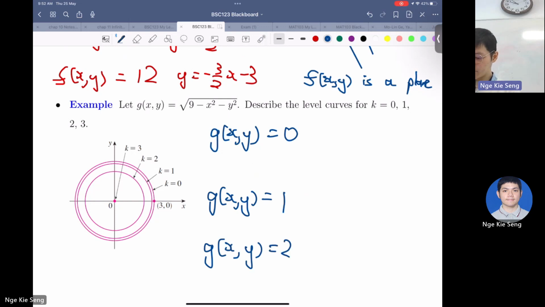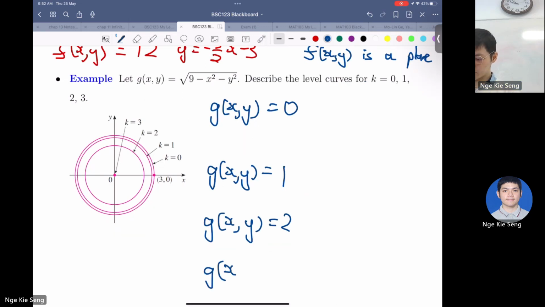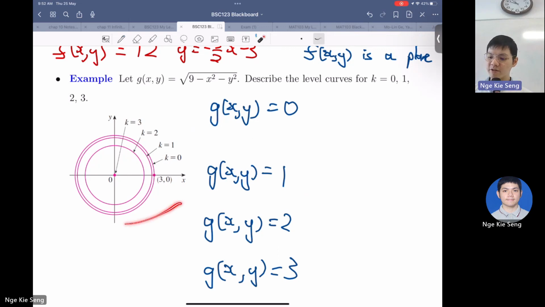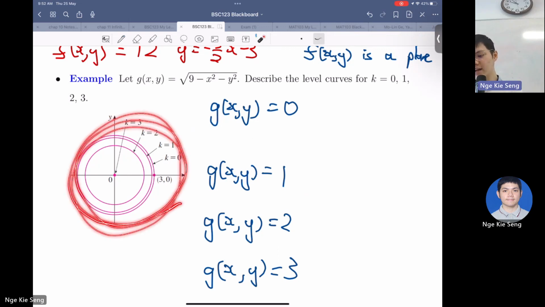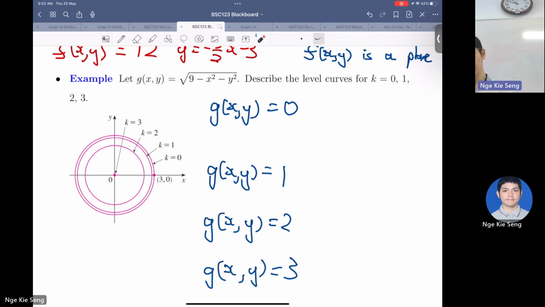You can see that you get a circle, a circle centered at the center with different radius. Can you imagine what this shape is? Where's the highest point in this case? 3, right? So here is the highest one, and then you gradually go down, the radius increases.